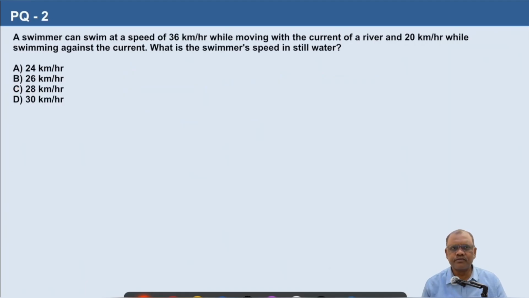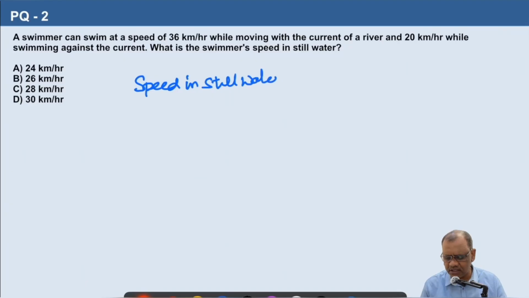Question number 2. A swimmer can swim at a speed of 36 kilometers per hour while moving with the current of a river and 20 kilometers per hour while swimming against the current. What is the swimmer's speed in still water? So for speed in still water, you have to add both the speeds and divide by 2.